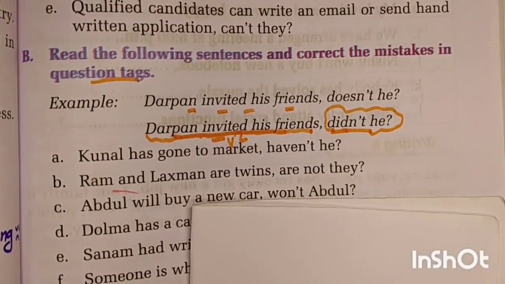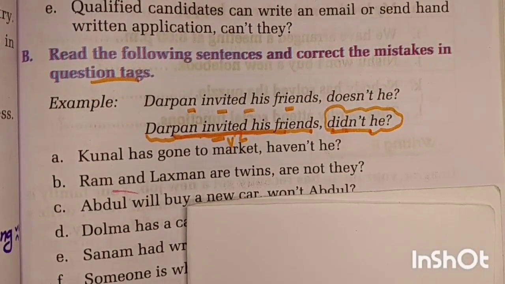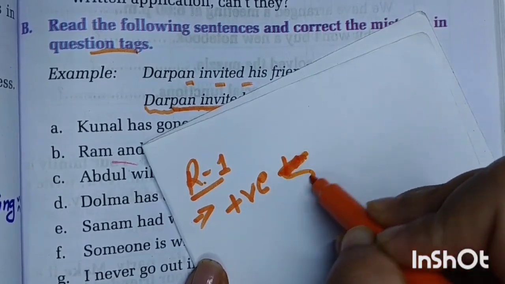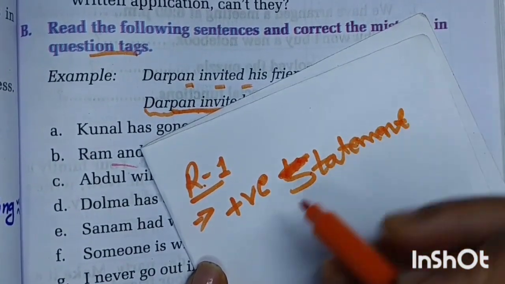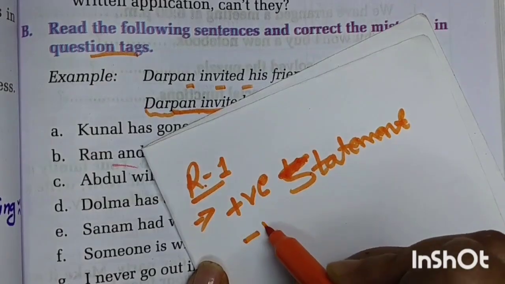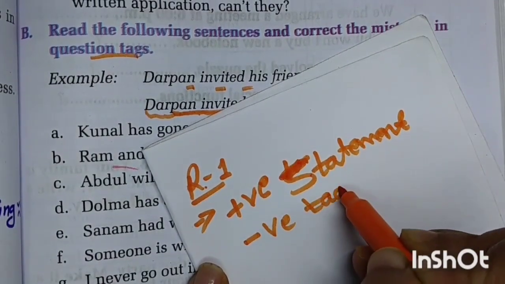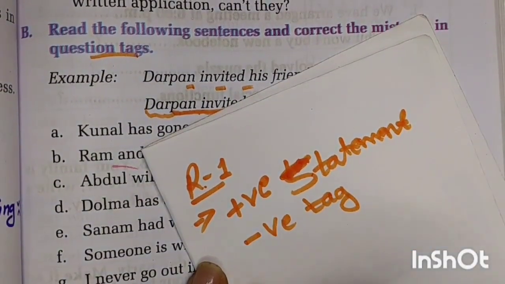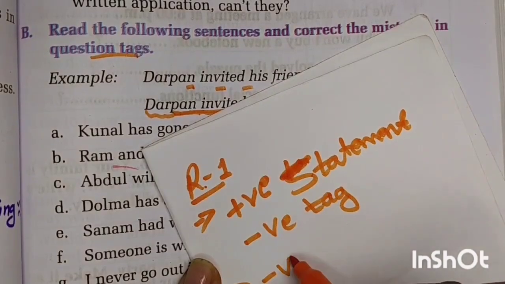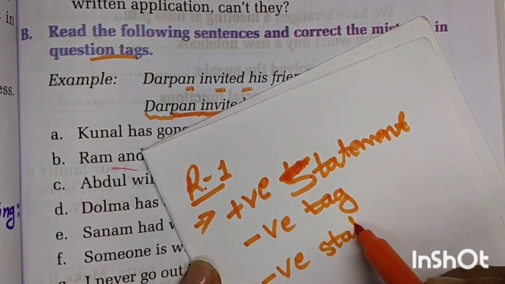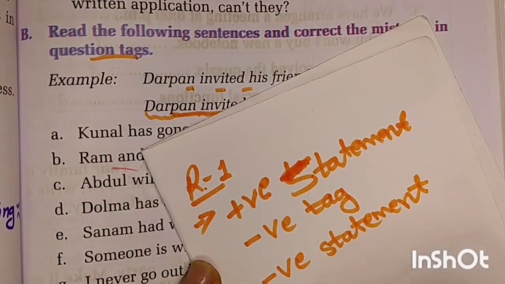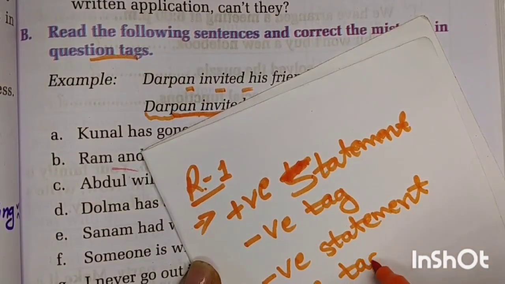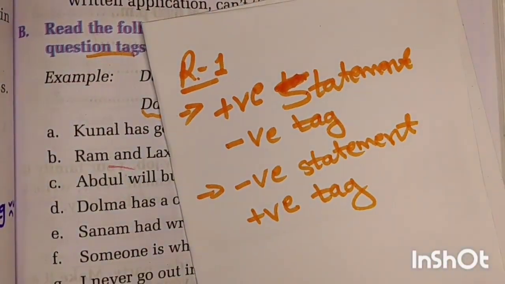Now you need to understand the rule. Rule number 1, positive statement, negative tag, or negative statement, positive tag. This is rule number 1.